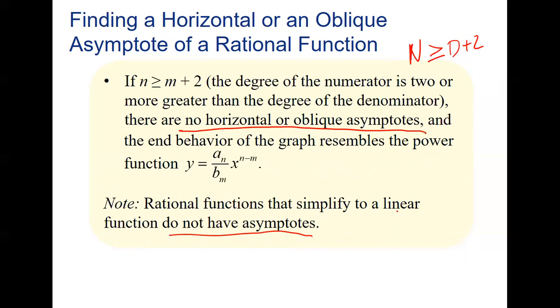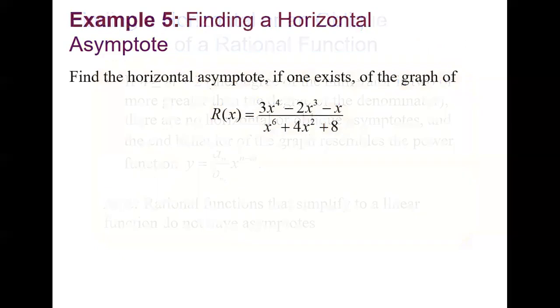All right, ready? So here we go. We have 3x to the 4th minus 2x cubed minus x divided by x to the 6 plus 4x squared plus 8. So we're going to look at the degree. The degree of the numerator is 4.